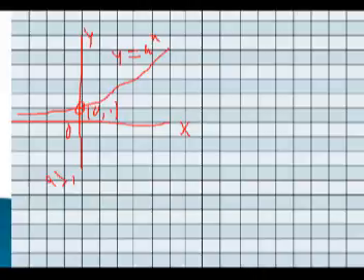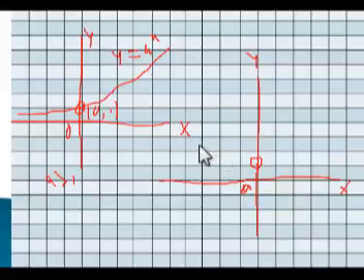And also you can look at the graph of 2 to the power x, 3 to the power x. All of them go through the point (0, 1). All of 2 to the power x, 3 to the power x, 4 to the power x go through (0, 1).